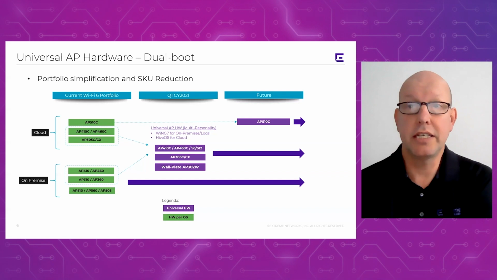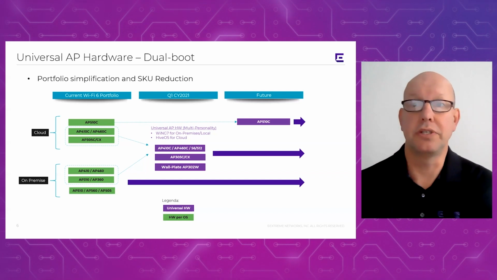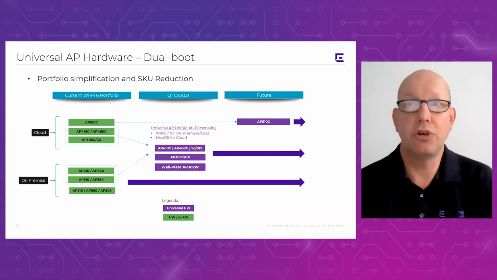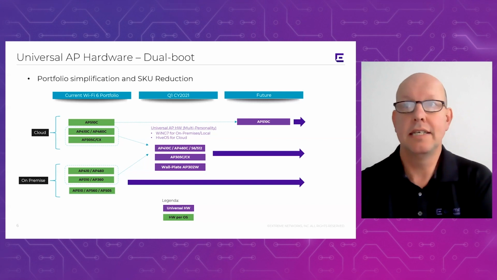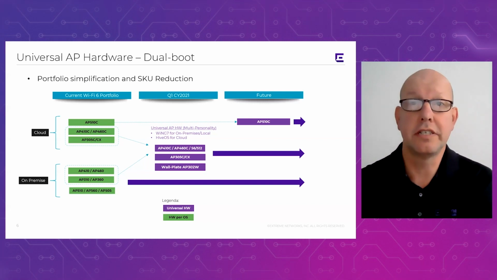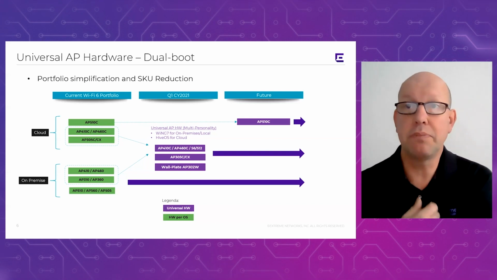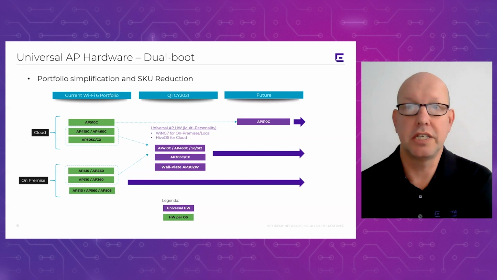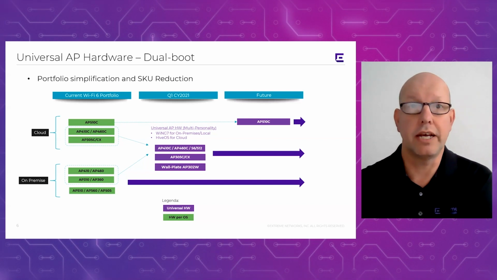Memory is already 1 gig, so no issue at that point. To protect the install base, we will continue to drive forward with the dedicated single boot Wing access points until further notice. We will do our best to make the new access points more attractive. So new installations and new opportunities will go with the universal hardware.